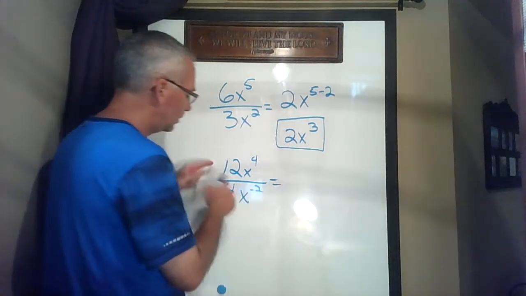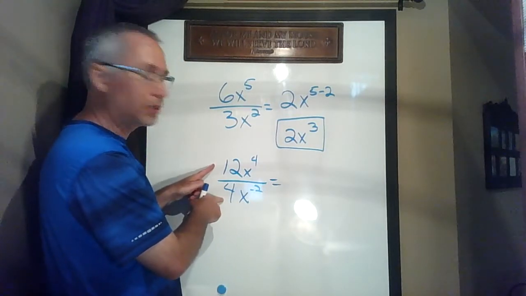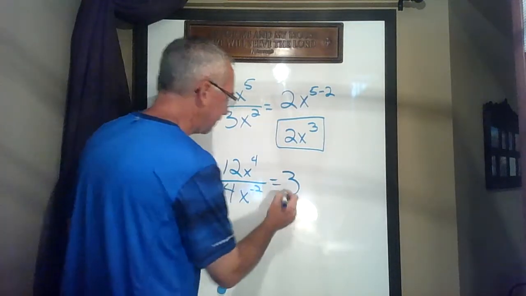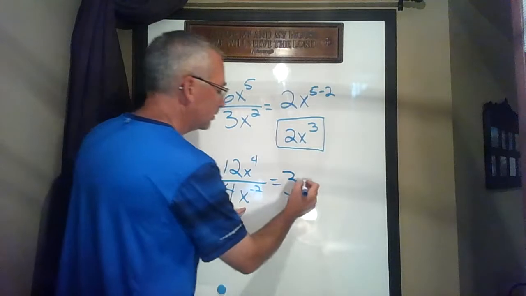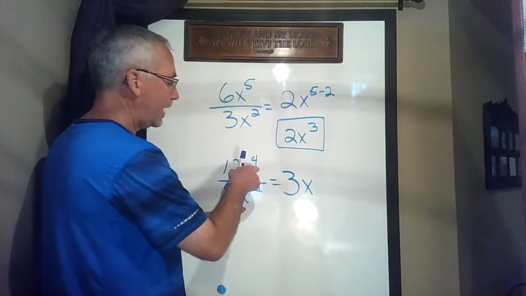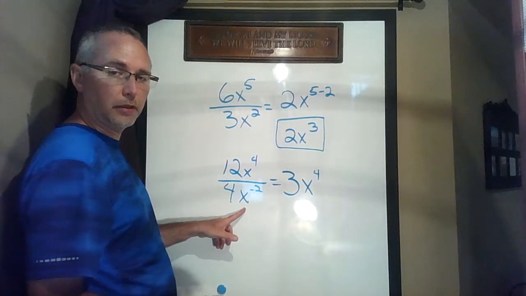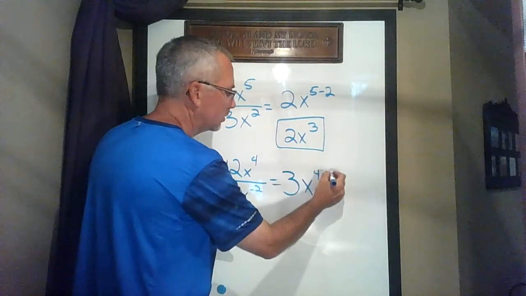But again, with the coefficients, I go ahead and do the normal division. 12 divided by 4 is 3. Then I have the same variable, and look what I have. I have a 4. This one gets a little more thinking through. 4 minus a negative 2.